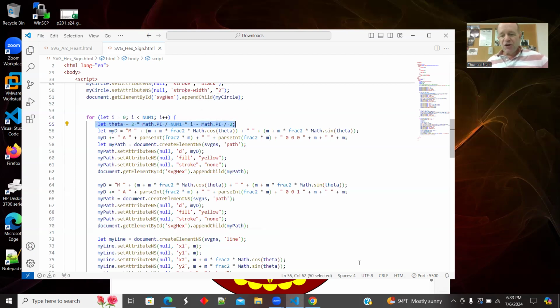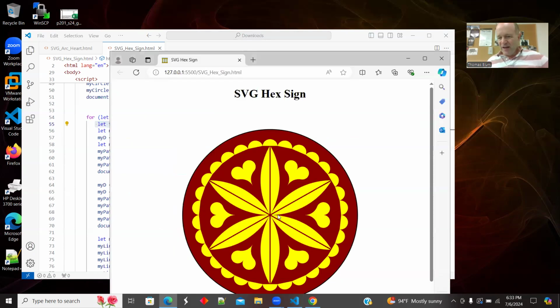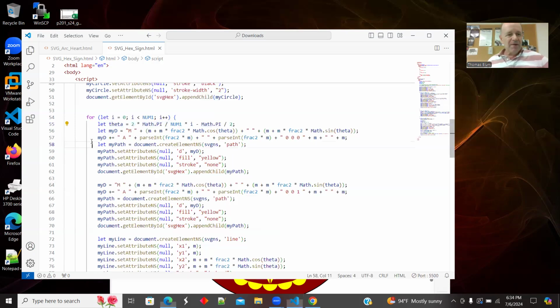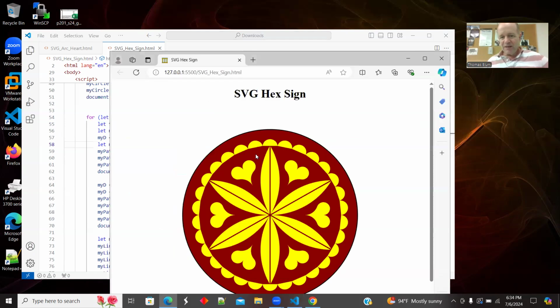And then my starting angle is typically a horizontal angle, and I wanted to start at the top. And so that was this pi on 2 business here. So I'm subtracting pi on 2 so that as I start, I'm starting at the vertical.